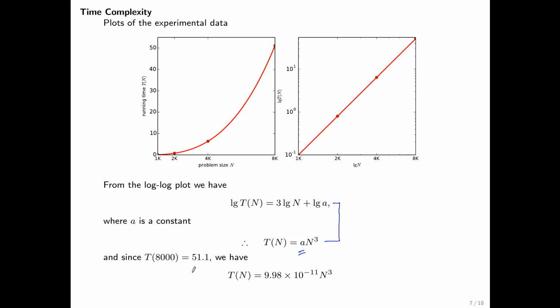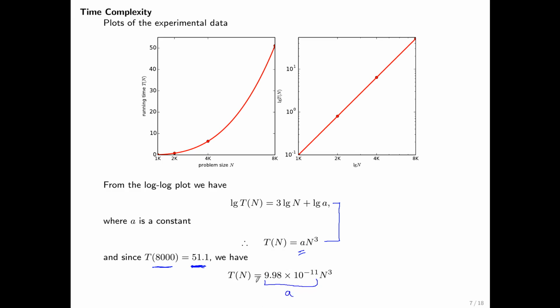So for example, let's say n was 8,000, and from the experimental data, we have the corresponding value of the time taken as 51.1 seconds. So you simply plug that into this formula, and you solve for a, and you get this for the value of a.